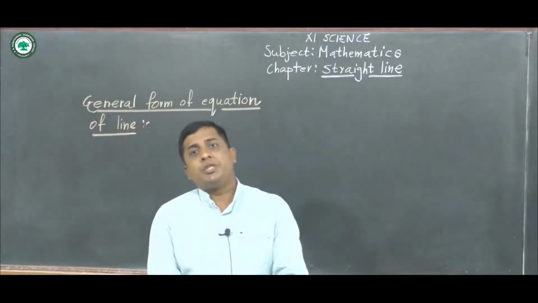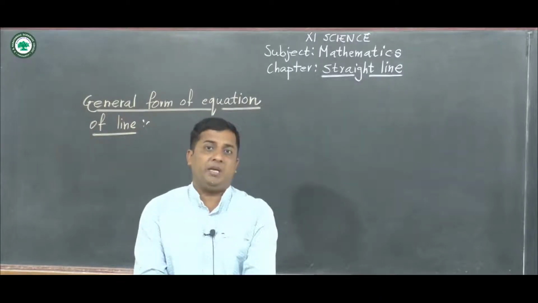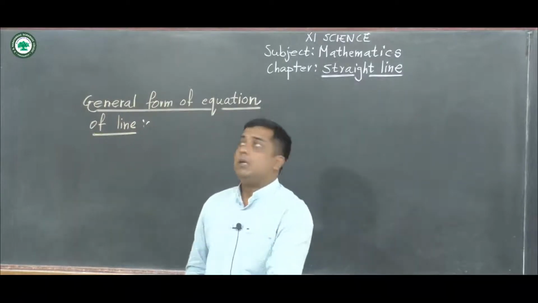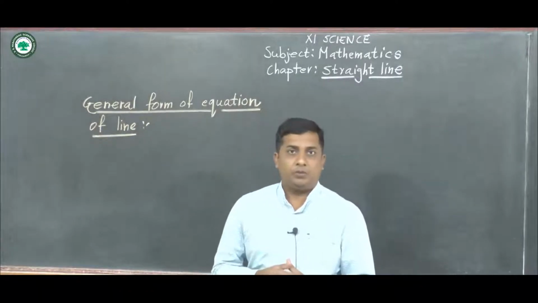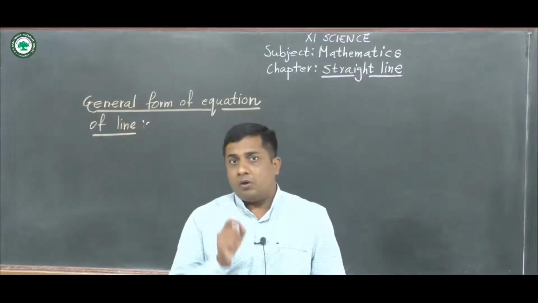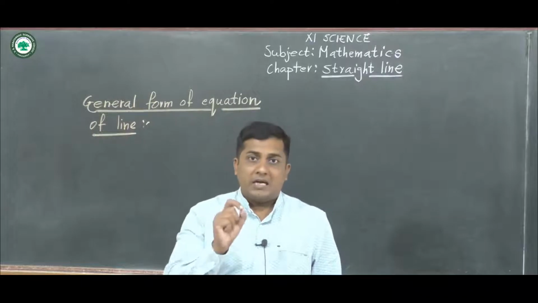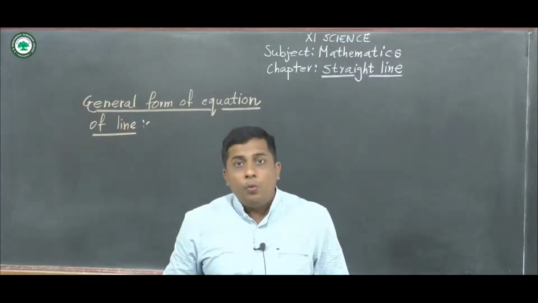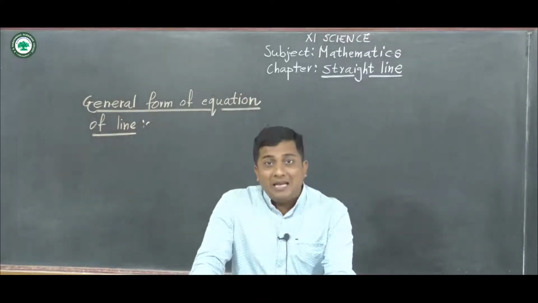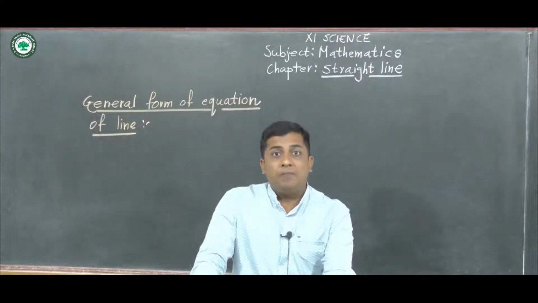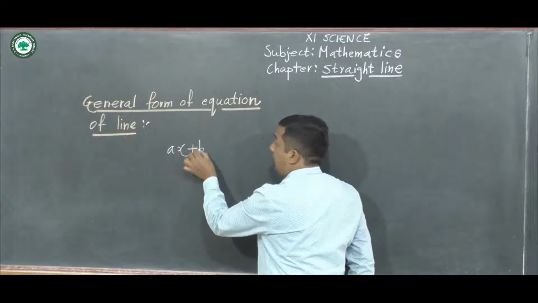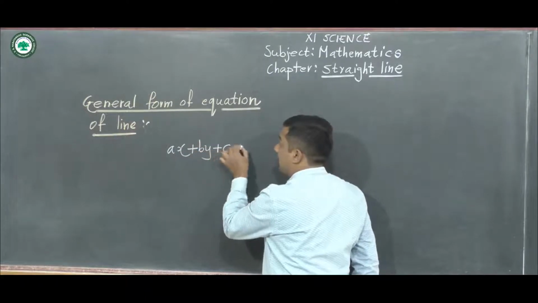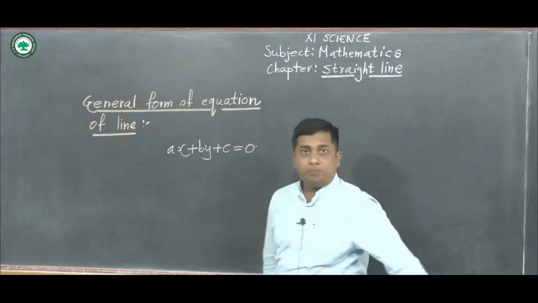Now in today's lecture we go with a new concept in this chapter, and that is the general form of the equation of a line. Here we have a standard equation, and every equation of a line is of the form ax plus by plus c is equal to 0.